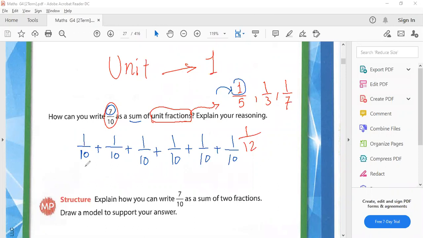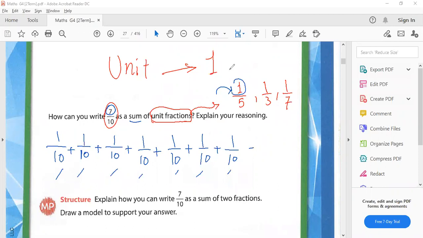How many 1 over 10 now? 1, 2, 3, 4, 5, 6. So we need another one, 1 over 10. So we have 7 unit fractions, 1 over 10. So 1 over 10 plus 1 over 10, 7 times, will be 7 over 10, just like that.